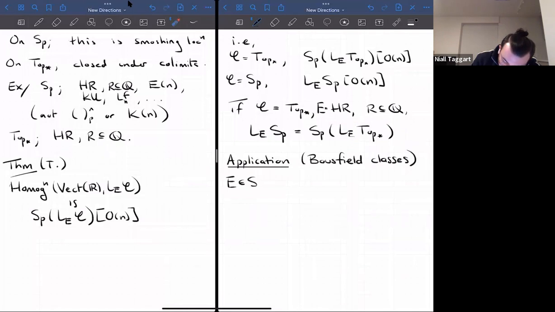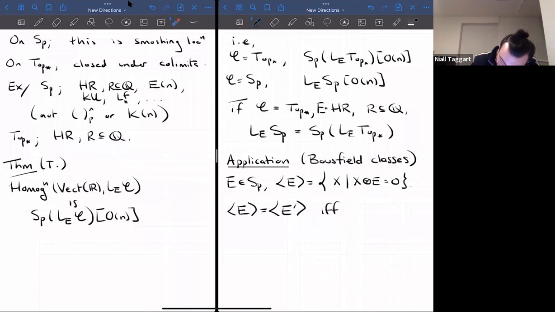If E is some spectrum, the Bousfield class of E is just the set of E-acyclics, that is, the set of spectra that tensor with E to give 0. And in particular, the Bousfield class of E is equal to the Bousfield class of some other spectrum E prime if and only if their localizations are the same, or if you want, they give the same homology theories.